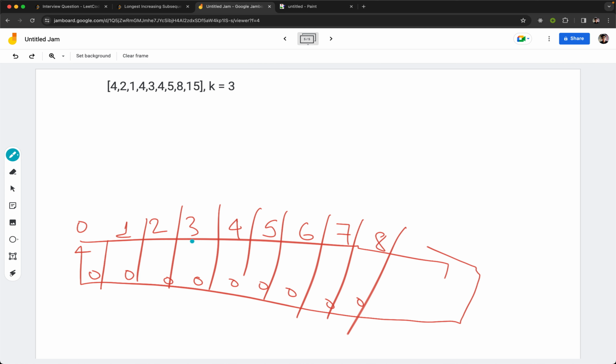Let's say when the first 4 comes, I don't have anything in this range, correct? The maximum is 0. Now we have to insert: the maximum is 0 and the value for 4 is 1. So after doing the query in this range, we will be updating the value at this point. So it is basically a point update in the segment tree. Makes sense? So I would be updating just this point as 1.